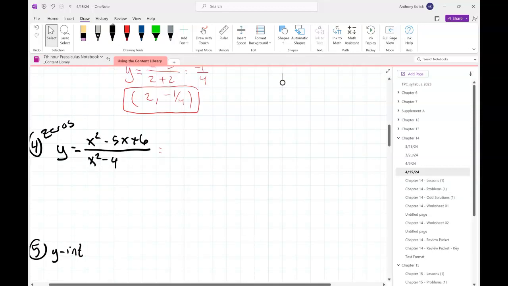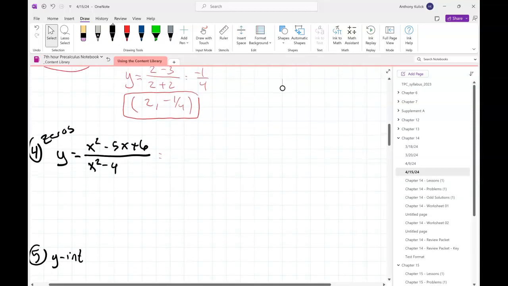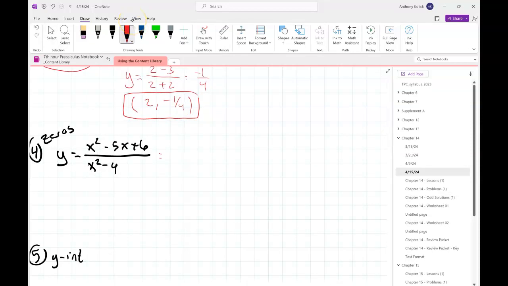Okay, what if we have the same function and we're looking for the zeros? How do I find the zeros for a rational function? Close. Reduced numerator set equal to 0.